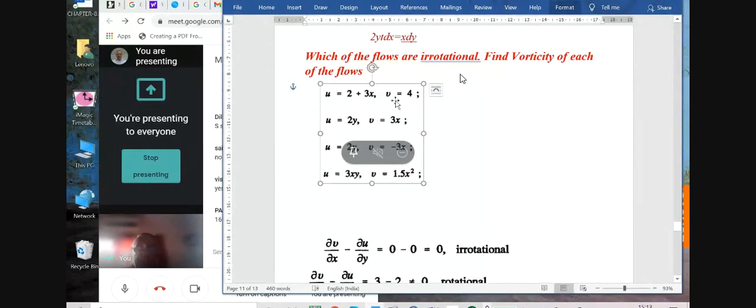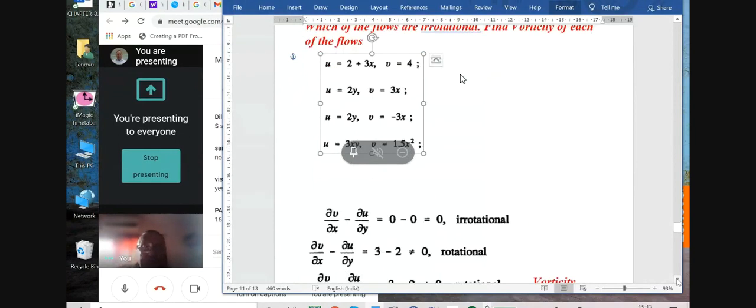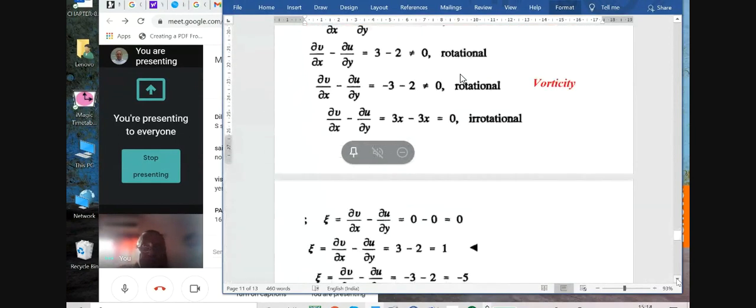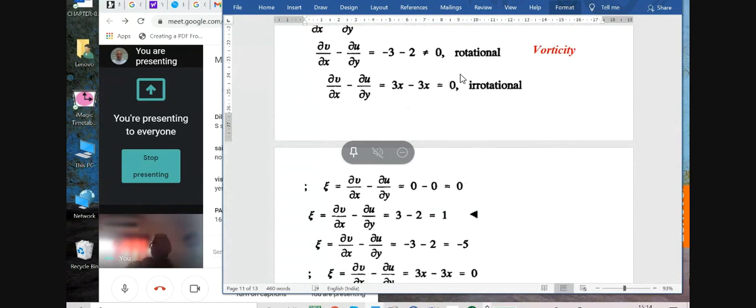Sir, for rotation, it is half into dv by dx minus du by dy, sir. That is the angular velocity. Vorticity is this expression: dou v by dou x minus dou u by dou y. So twice the angular velocity is vorticity. Understand? Yes, sir.